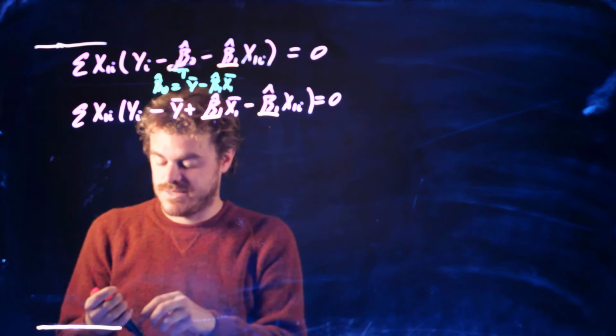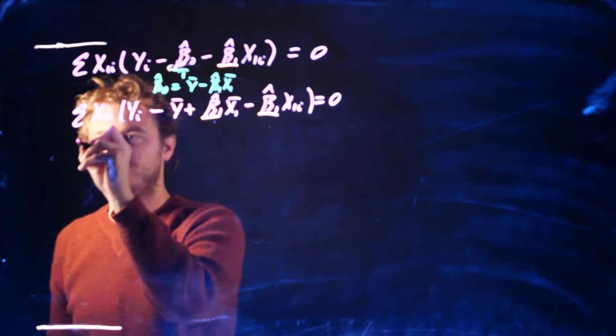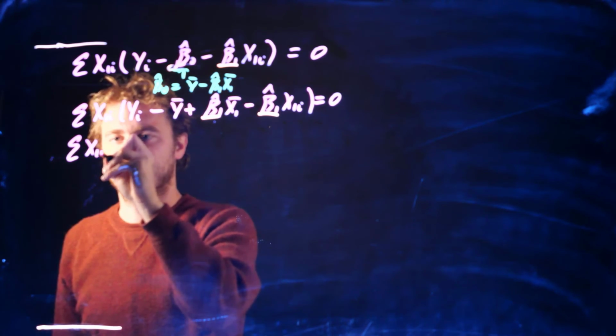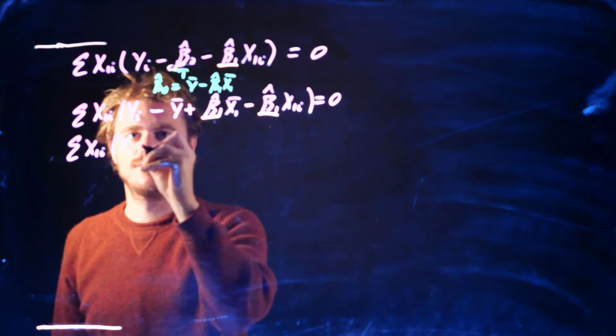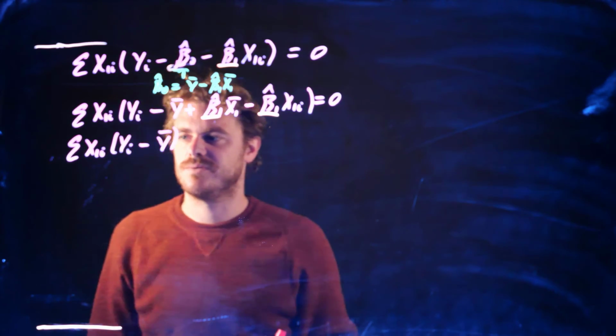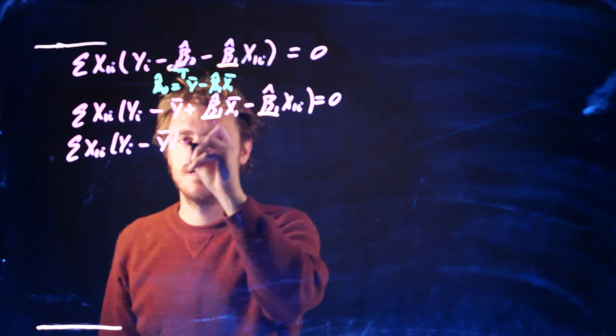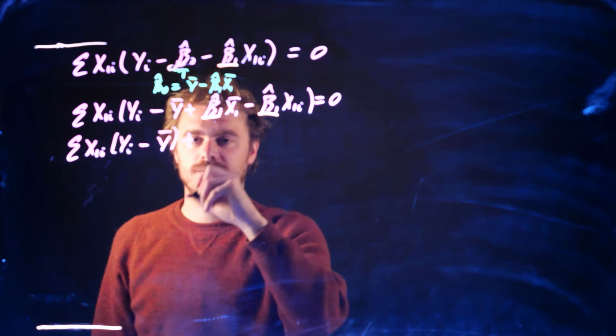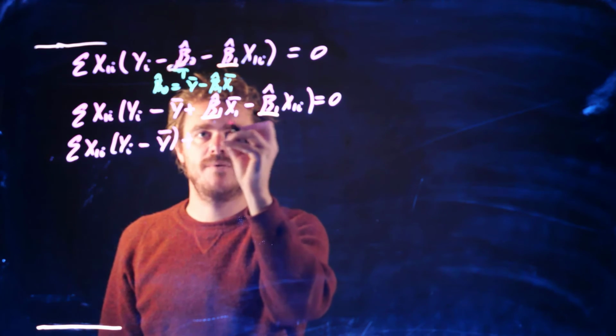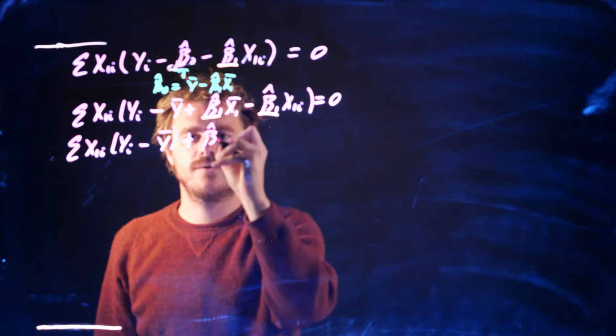Okay, so let's just do that. So the first sum we're going to have is these first couple terms. Let's leave those together since they don't have a beta hat 1 involved. And then we're going to think about another sum. So let's common factor this beta hat 1 out.